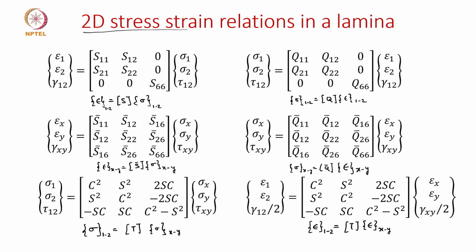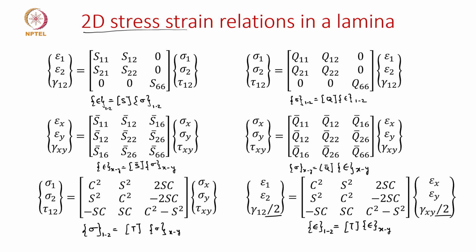That's when we can apply these transformation matrices. To ensure that, we have added this half for the shear strains both in the material and in the body coordinate system. So these are the relations we have where the environmental conditions are not changing, meaning the temperature and the humidity, let's say, are fixed.